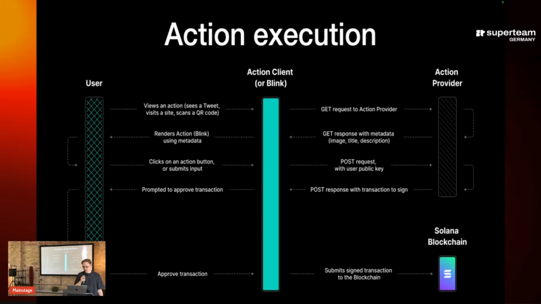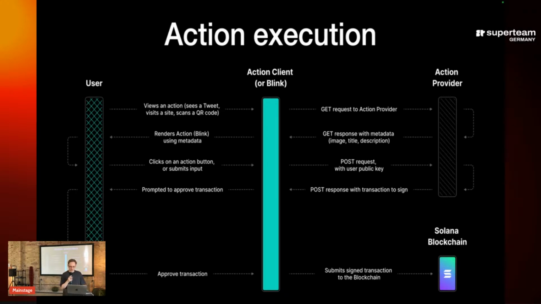Then the user can click a button or enter some text in the input field, and then a POST request will be sent to the action. The POST request is supposed to request a transaction to sign for the user. So the action provider composes a transaction for Solana or any other blockchain actually. Yeah, Blinks are chain agnostic.